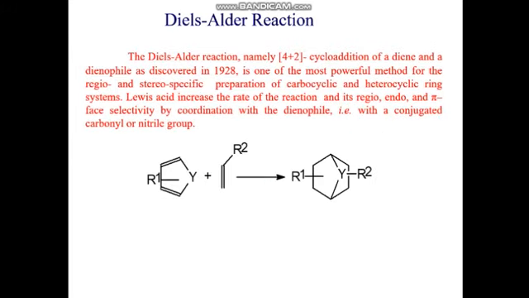So, the Diels-Alder reaction. The Diels-Alder reaction, namely the 4+2 cycloaddition of a diene and a dienophile, discovered in 1926, is one of the most powerful methods for the regio- and stereospecific preparation of carbocyclic and heterocyclic ring systems.